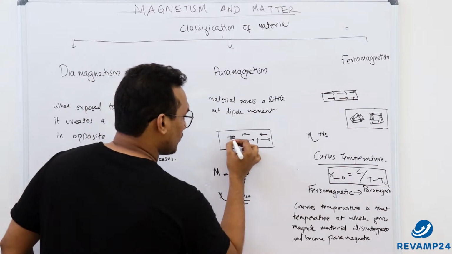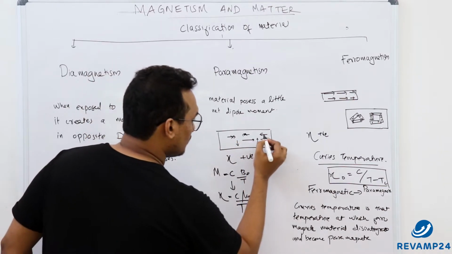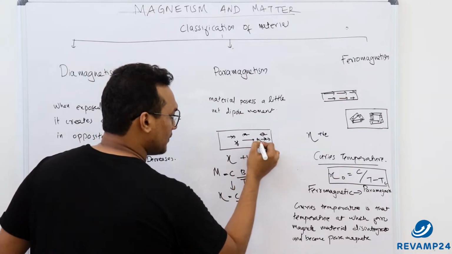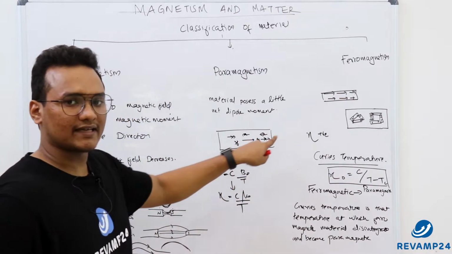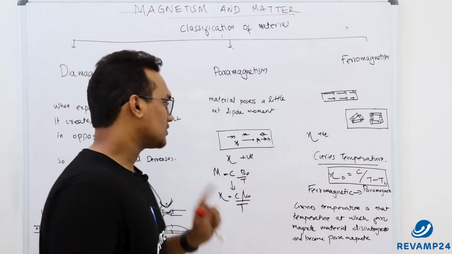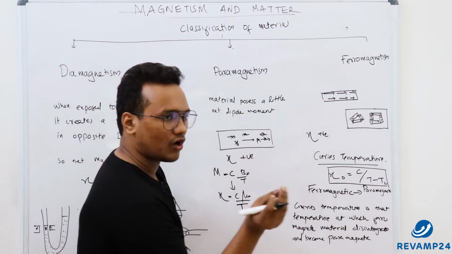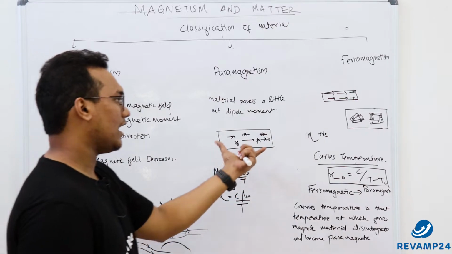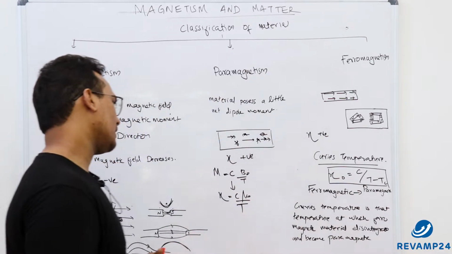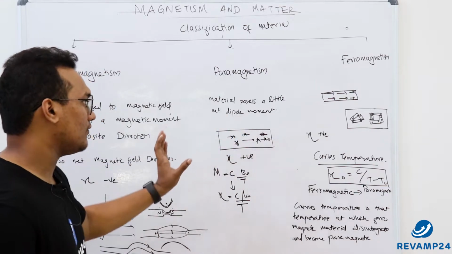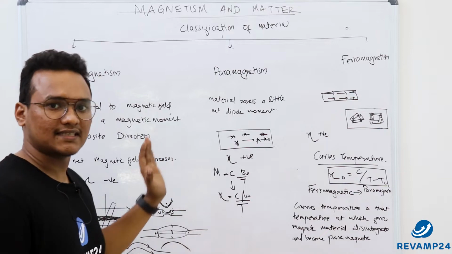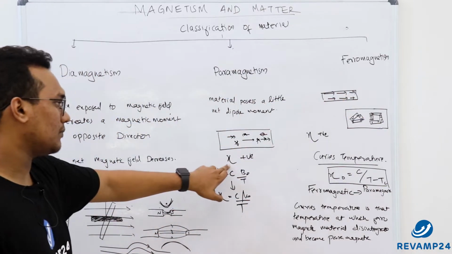One moment and another moment will cancel. This will be cancelled by this, downward will be cancelled by upward. But there are some magnetic moments which are not cancelled, so these will sum up to create a small magnetic moment inside the paramagnetic substance. So it will have a magnetic property by nature. When you keep this material in a magnetic field, it will develop more magnetization in the same direction. So susceptibility is positive.